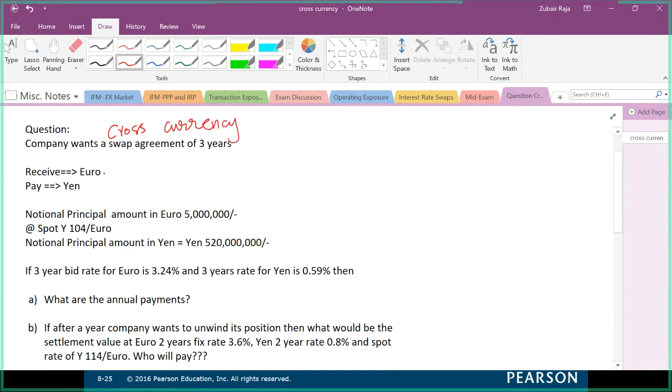In this swap, they are basically receiving the euro and they'll be paying the yen. So maybe they are paying the yen because there will be huge revenues generating over here, right? They are receiving the euros. Maybe they have entered into an interest payment where the interest payment will be made in euros.